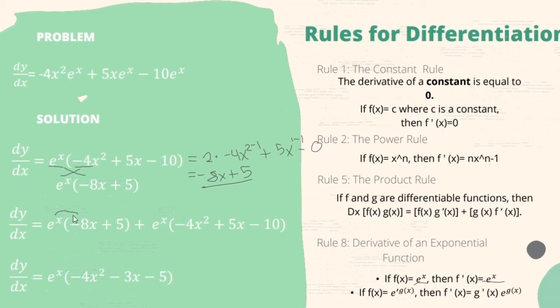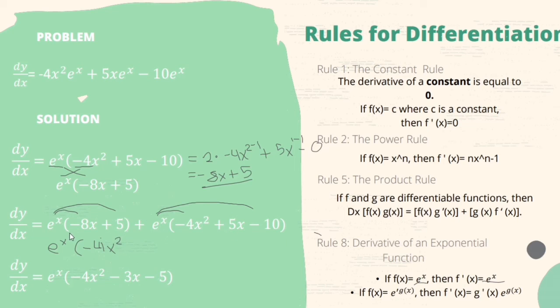We distribute e to the x to both of their cofactors. But before that, we have to combine the like terms to further simplify it. So that's e to the x times any common terms, the ones with the highest degree goes first, that's negative 4x squared.